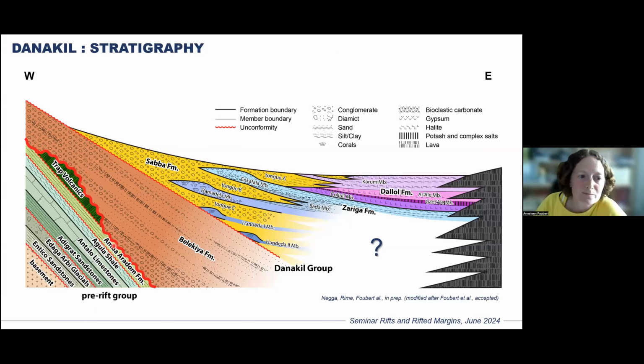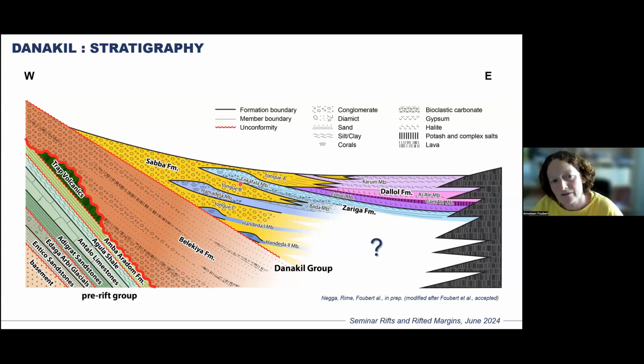you have this pre-rift group. I'm not going to talk about that in detail, but then you have this huge package here, which corresponds to the syn-rift sediments. You have the Bilikia formation, which consists of very rich conglomeratic fluvio-lacustrine deposits. This has also been called the traditional red bed series.